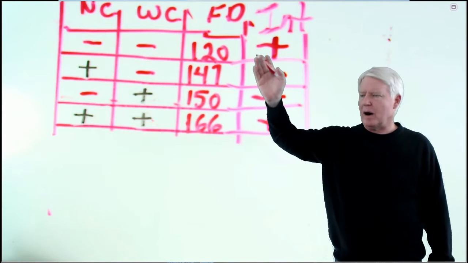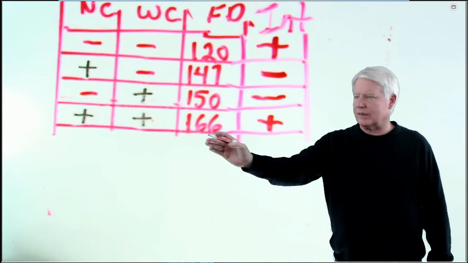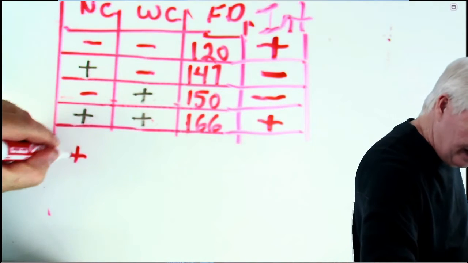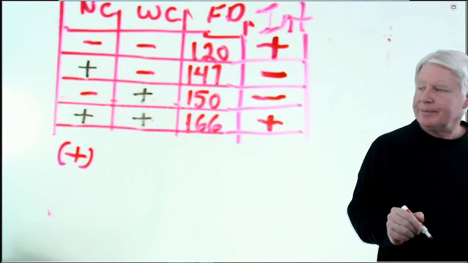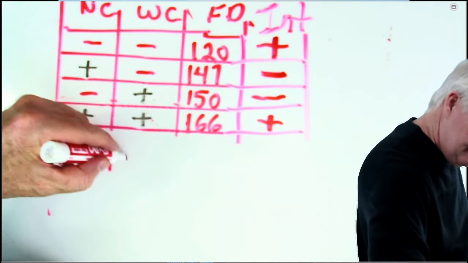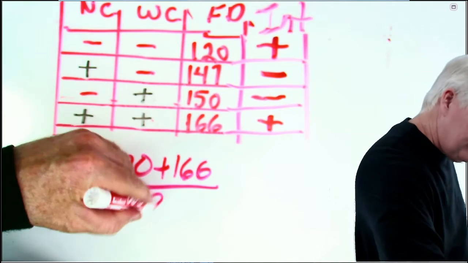So let's do the average of the positives. There's positive 120 and the other one is 166. So I'm going to take positive for my interaction. I'll put it in parentheses there. And I'm going to go 120 plus 166 divided by 2.